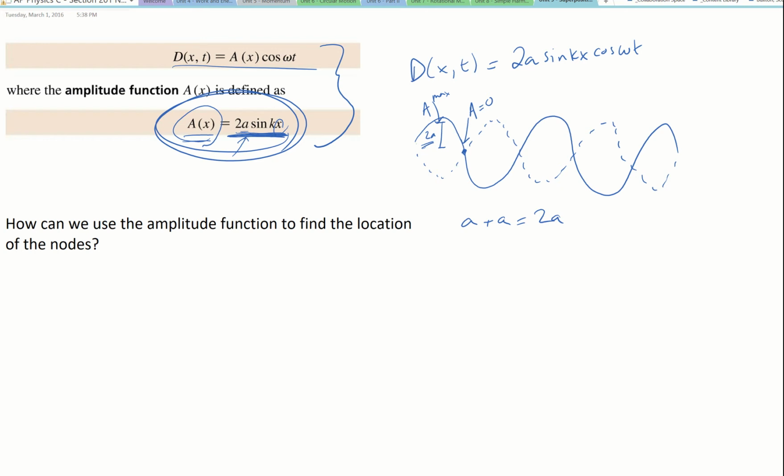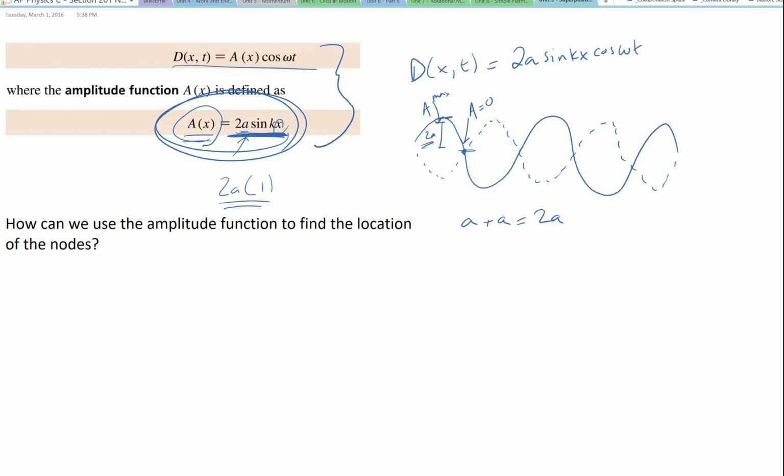At certain values of x, sine would be 0, and therefore the entire amplitude function would be 0. That relates to the nodes. For other values of x, sine would be 1, which gives 2 times a times 1, which means at certain positions I have a maximum amplitude. And anywhere in between, I could have an amplitude from 0 to 2a.